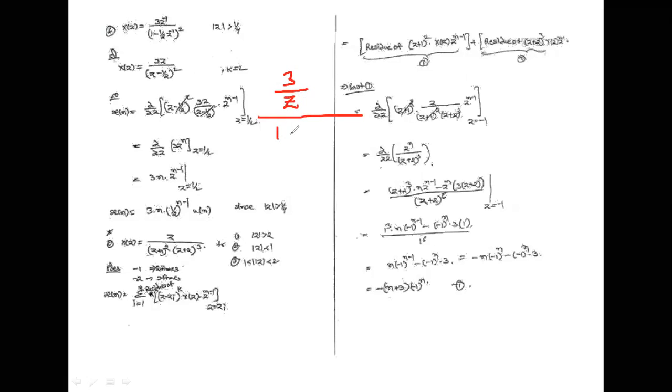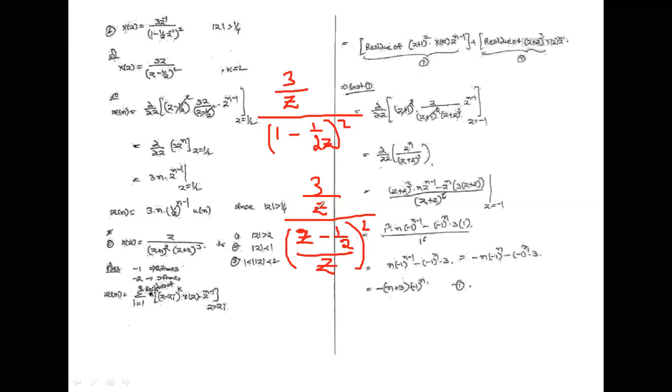and here 1 minus 1 by 2z whole square, and take the LCM here. 3 by z whole divided by, I'm taking only the z, z minus 1 by 2 whole divided by z, whole square. So taking the LCM, z minus 1 by 2 by z whole square.